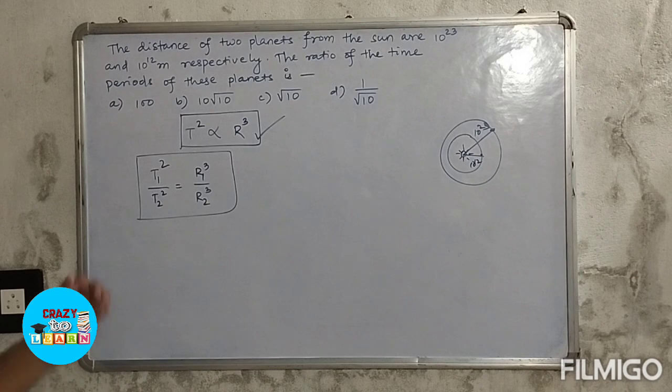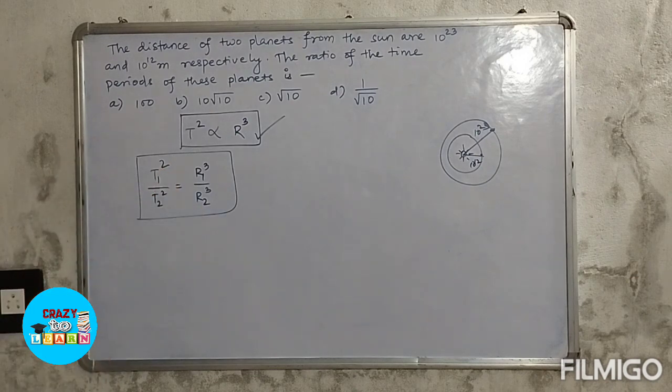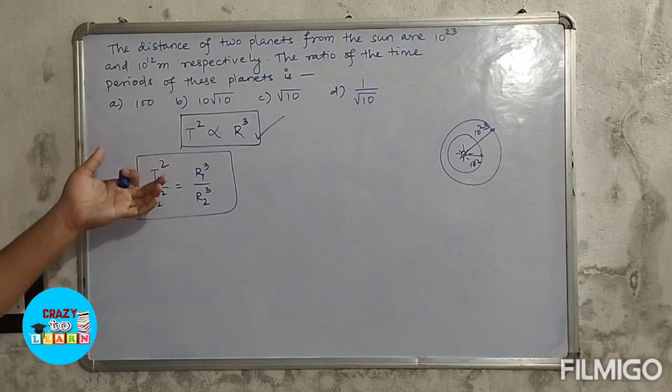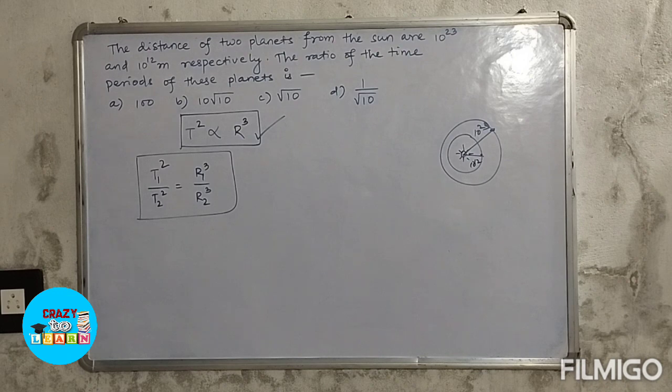When two quantities are inversely proportional, their products are equal, and when they are directly proportional, their ratios are the same.